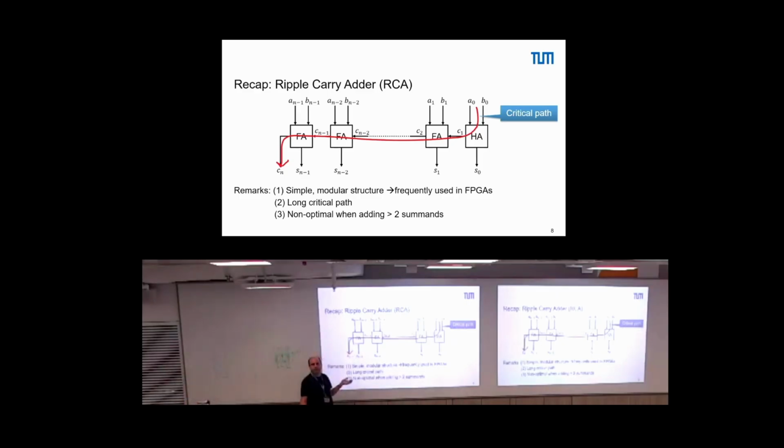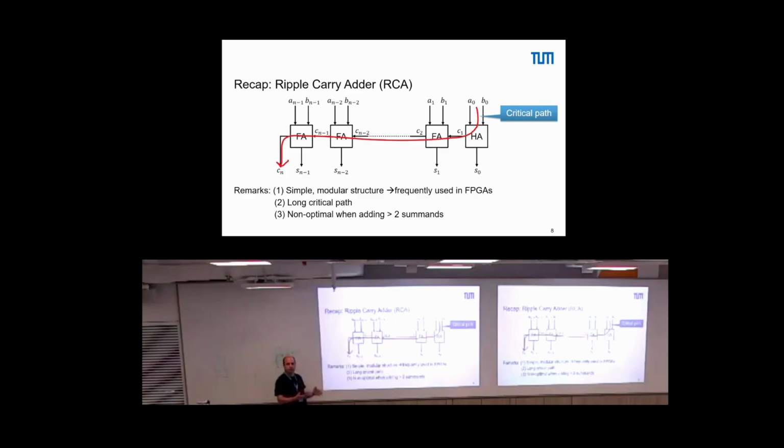What is the problem with the critical path? It limits our frequency, so we can only run this at a relatively low speed. What did we learn regarding the critical path? If your critical path is too long, what can you always do? You just add a register.